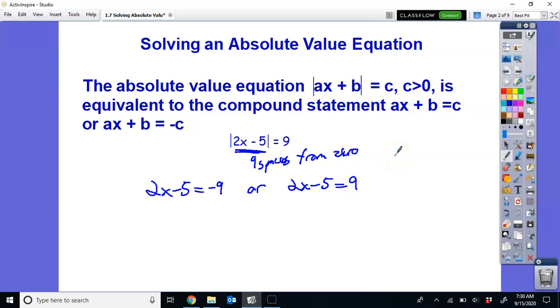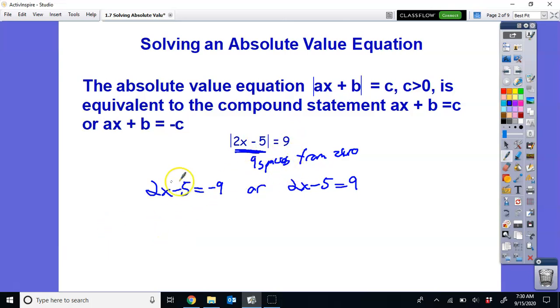Now some of you are about to get in a little conniption fit and say, wait a minute, Mr. Harrison, you forgot right here to change that -5 to a positive. When the absolute value is always positive. Yes, the distance from 0 is 9 spaces. The answer is +9. But when we say this stuff on the inside, we're saying all of that stuff has to be -9, or all of that stuff has to be +9 to get that answer +9.